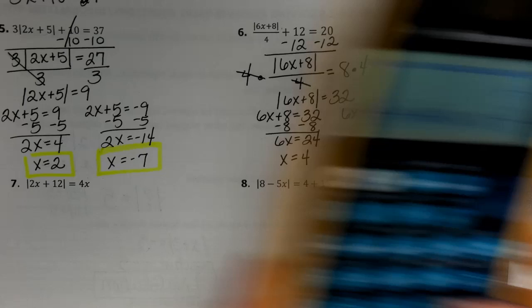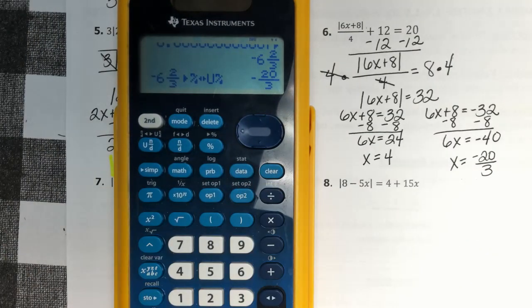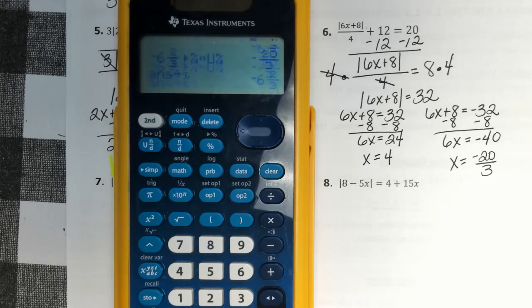Okay. Now we're going to check it. I'm going to go ahead and store this negative 20 over 3 because it's already on my calculator. So if I hit just automatically store, it takes that answer that I just got, stores it for x. It puts it back as a mixed number, but that's okay because the calculator is just using a value.